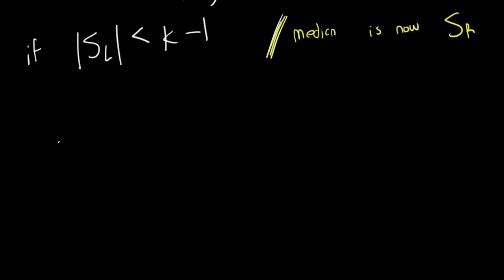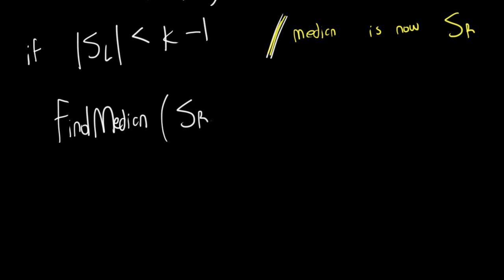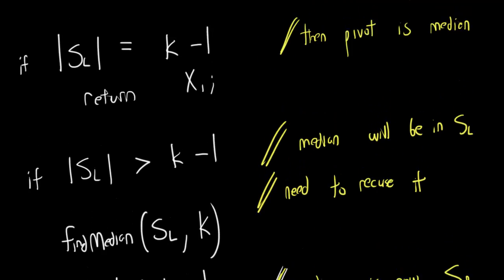So we call find median again on the right side this time, and now you call for k minus the amount of values in the left-hand side, subtracted by 1, because we already know the median isn't in that spot. So that is the algorithm for this whole process.